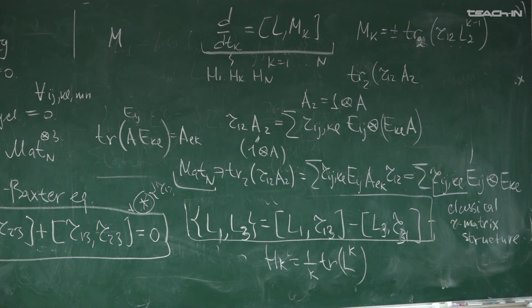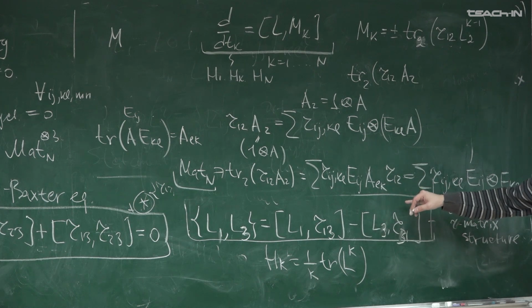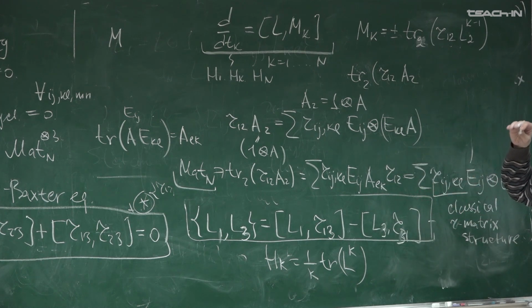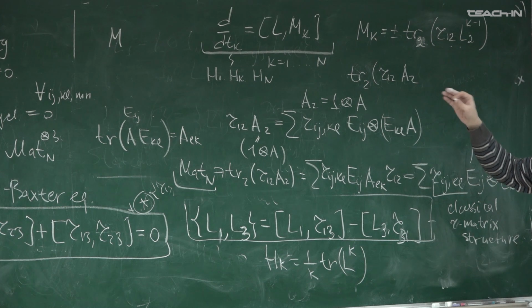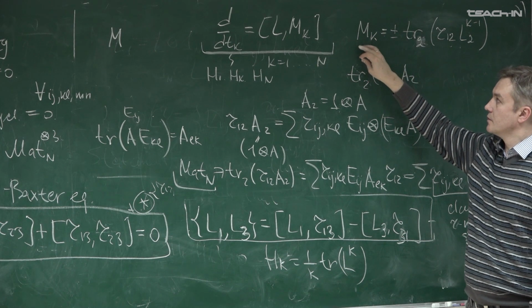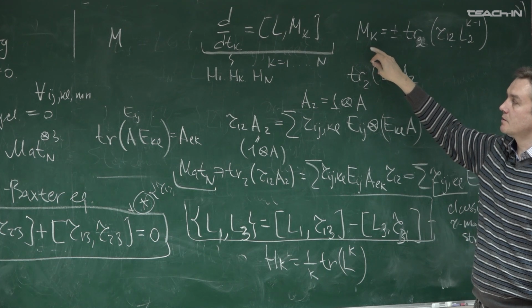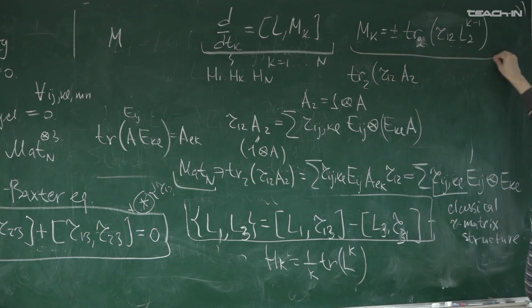So the statement is that if you have the classical R matrix and if you also know the L matrix, the Lax matrix, then you may define these M matrices just by this rule. And in fact, it is quite a simple statement.